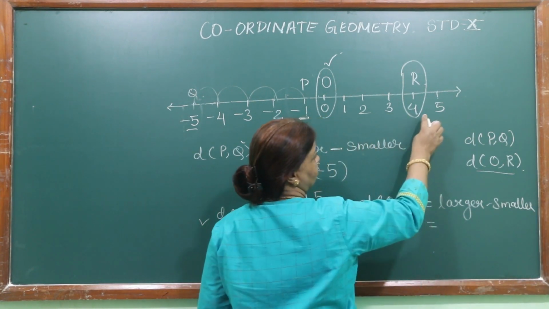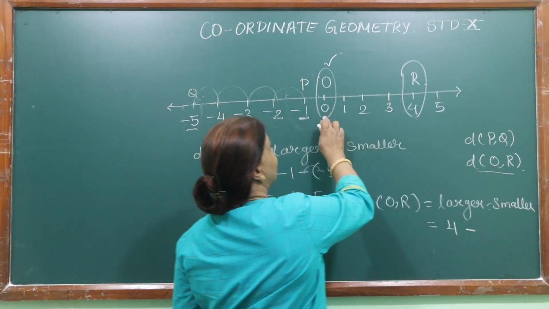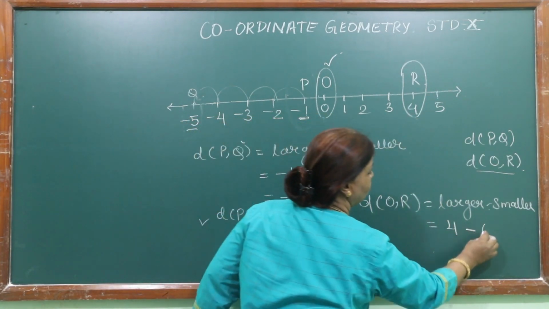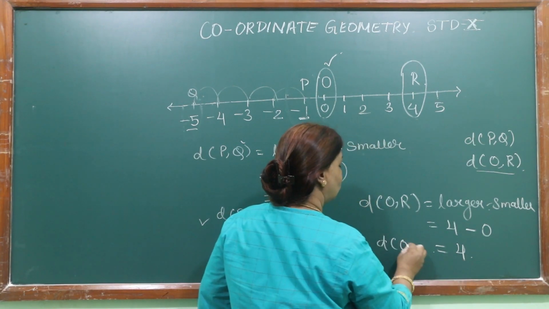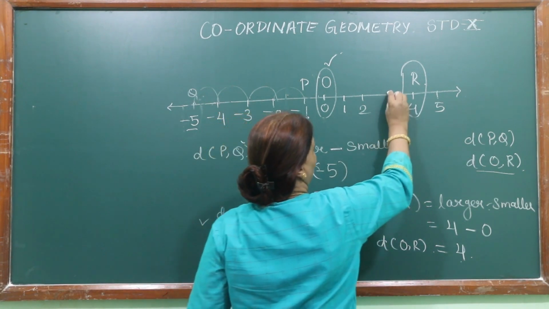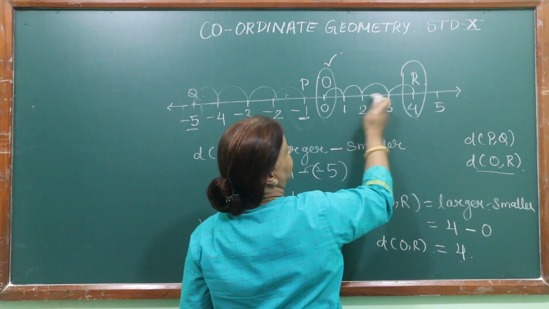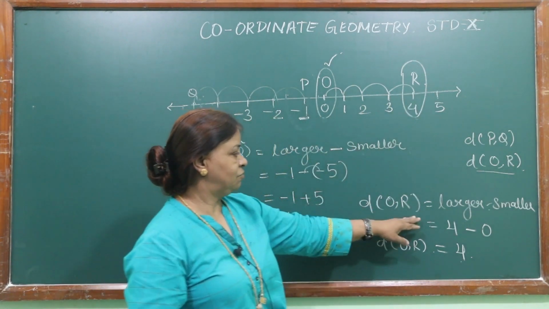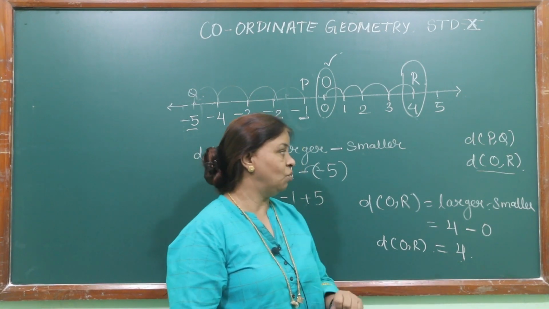Larger is 4 minus smaller one is 0. 4 minus 0 will give you 4. So distance OR is equal to 4. Let us count it, children: 1, 2, 3, 4. See, so we got, as per the formula, larger minus smaller, distance OR is equal to 4.